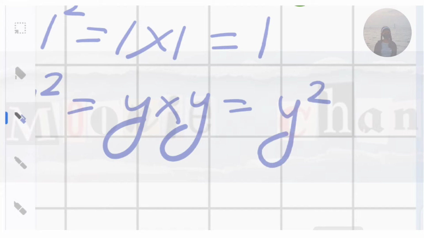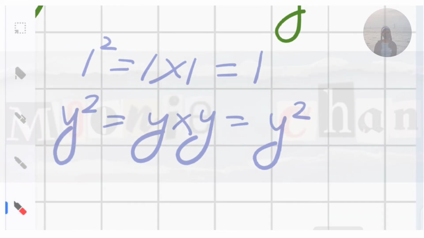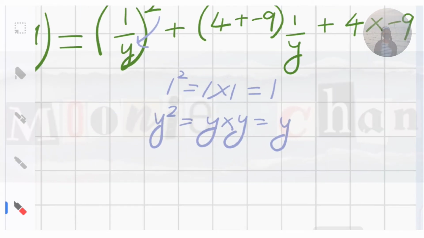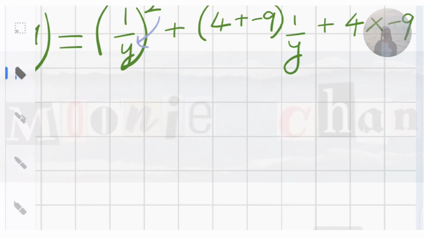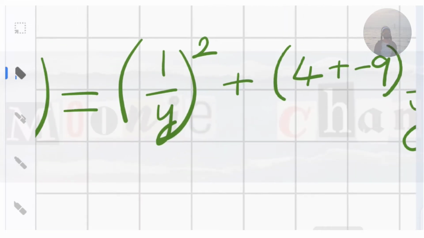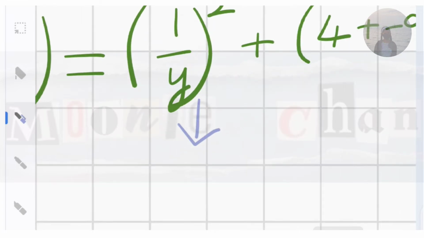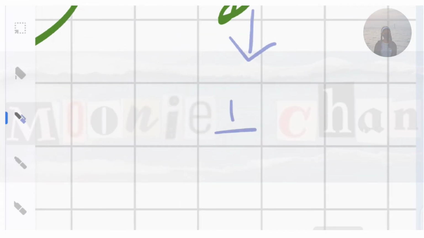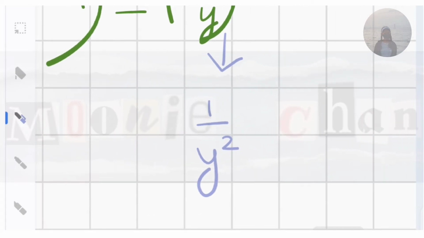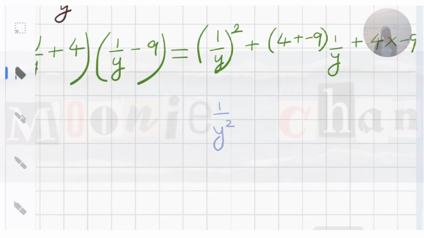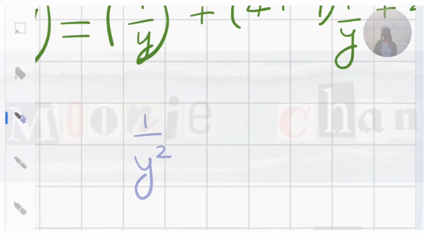Now this is our answer. 1 and y square, 1 upon y square. So let's write that answer in its place. This is equal to 1 upon y square. No need to add bracket now because we don't have anything else to write with it.